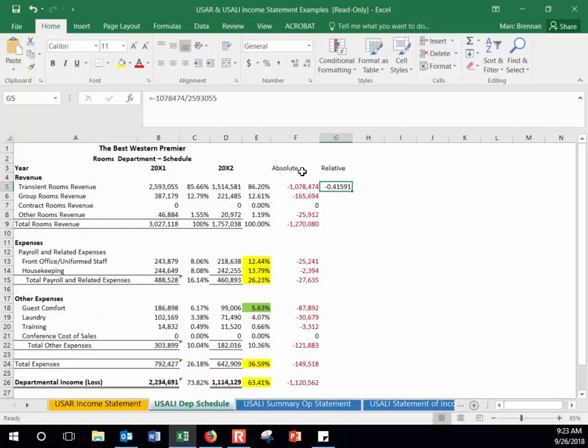Press enter, and this needs to be a percentage with 2 decimal points. Not good, right? We're down 41.5% in sales. We went down by $1 million in transient rooms revenue. It's down by 41%. This is terrible news for this hotel. Now we're just going to use Excel to divide our absolute difference by the previous period that we're comparing it to, and use the fill function.